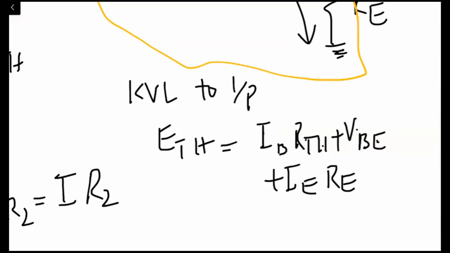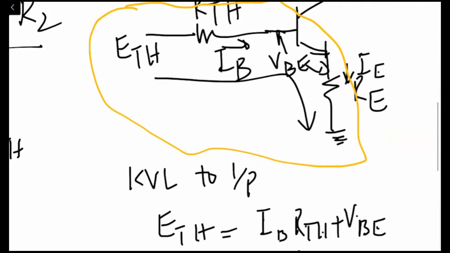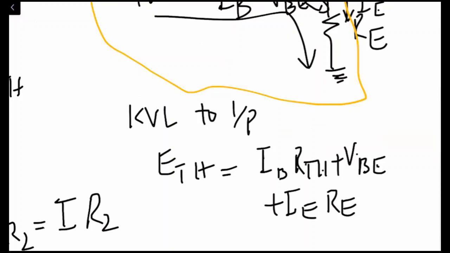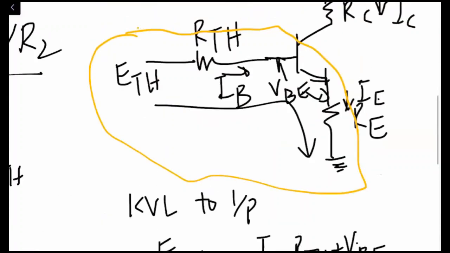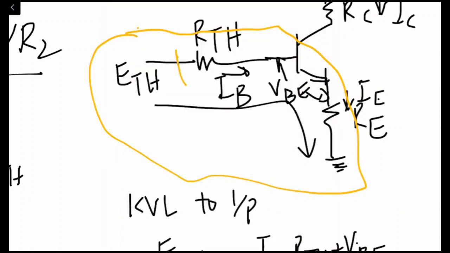So again, let me just repeat it if somebody has missed it. We can apply KVL to the input side, and when we apply it, we can write ETH is equal to IB into RTH, where IB into RTH is this drop.